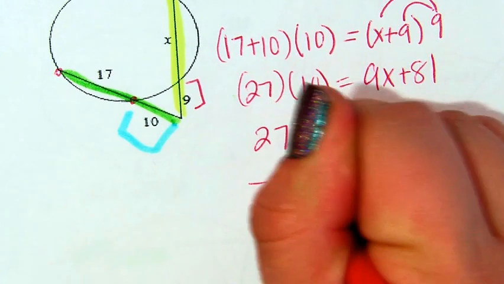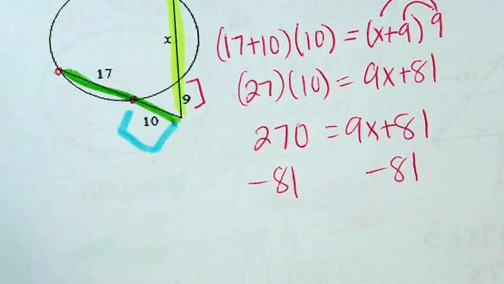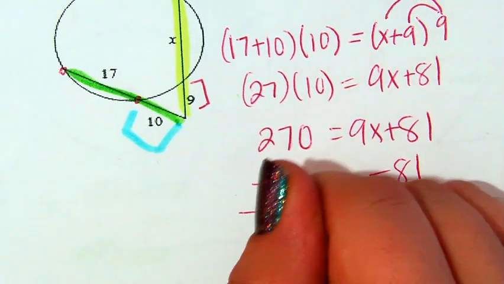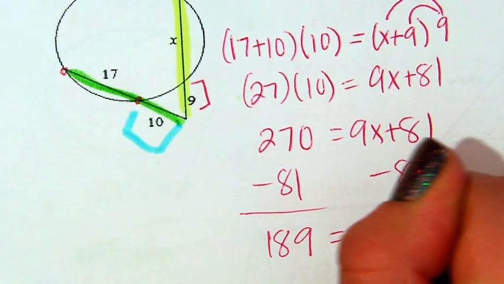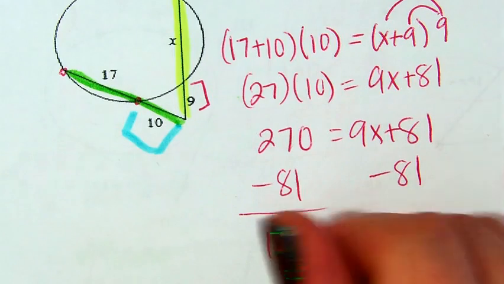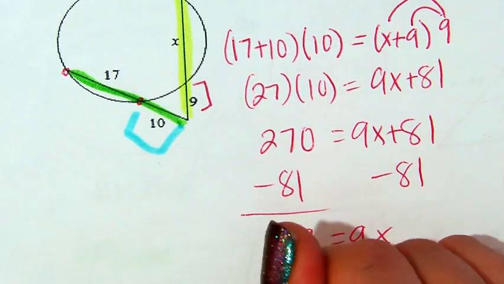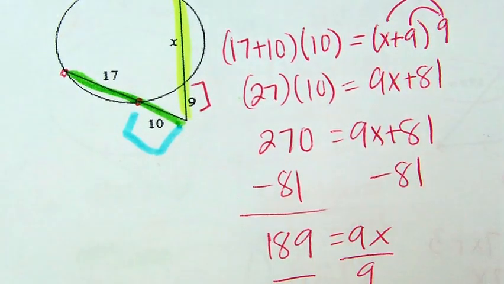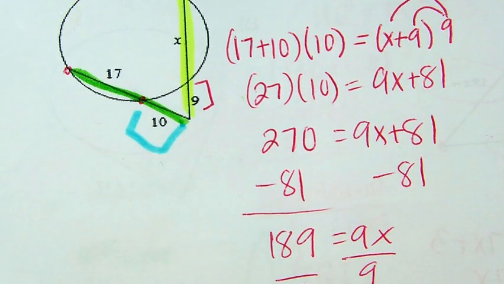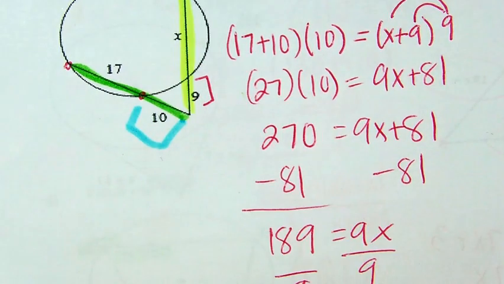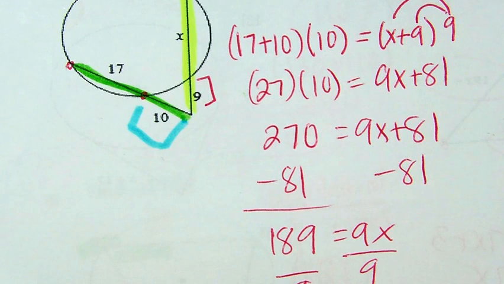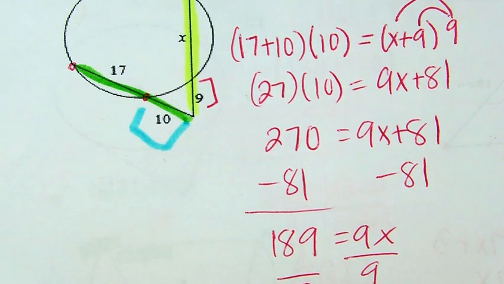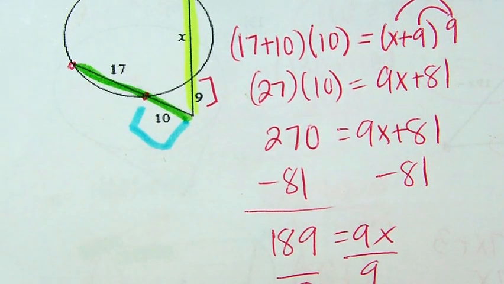Subtract 81 from both sides. And we get 189 equals 9x. And we divide by 9. X equals 21. So since x equals 21, I can tell you what my yellow segment is. My yellow segment is x plus 21. I'm sorry, x plus 9.